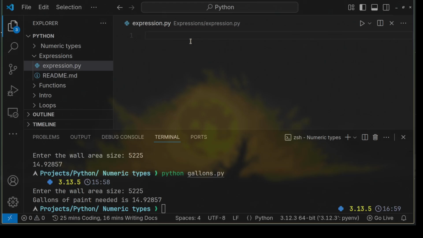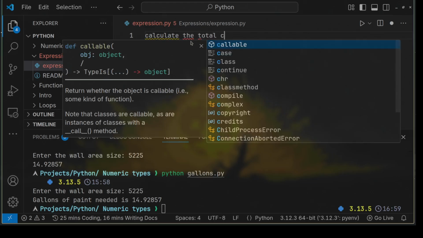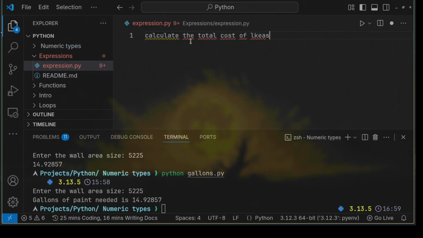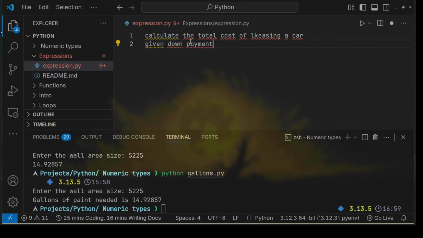We want to calculate the total cost of leasing a car, given the down payment, monthly rate, and the number of months. So we're going to solve this.